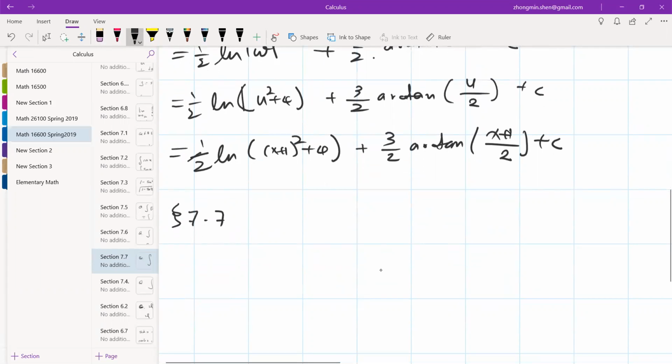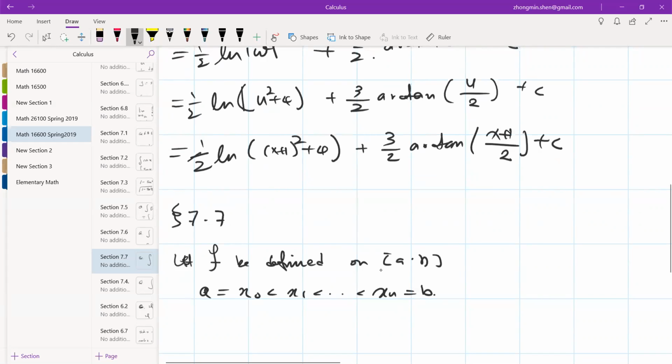The definition of the integral says that if we are given, let f be a function defined on the interval from a to b, and you can take an arbitrary partition, right?